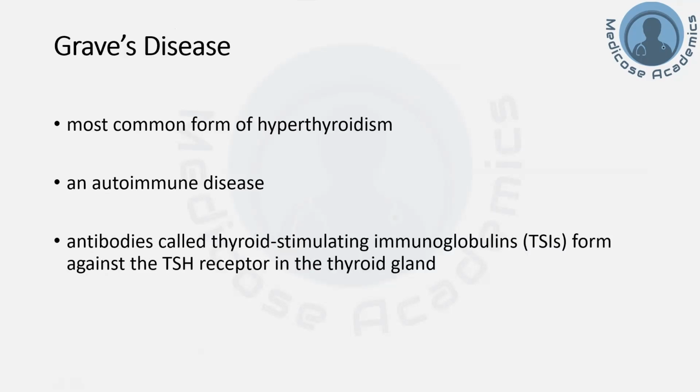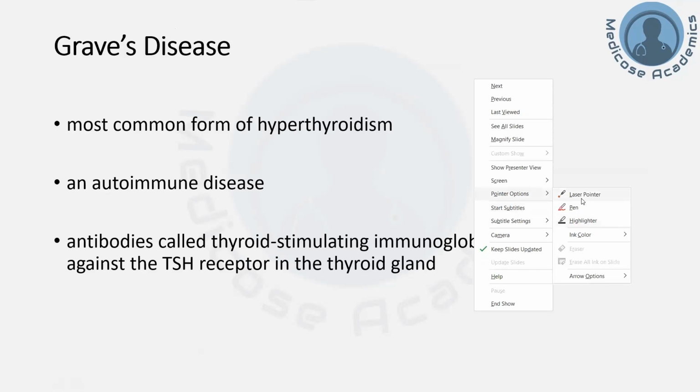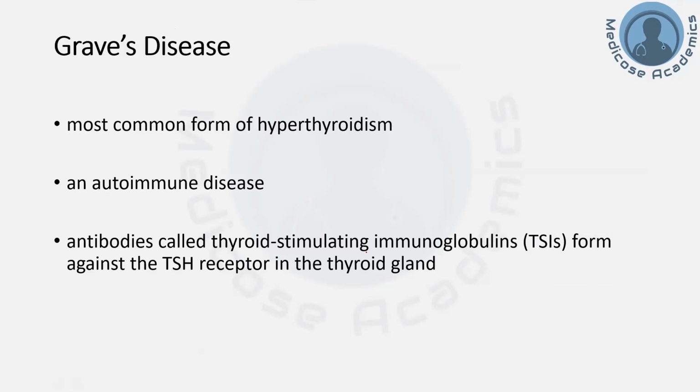It is an autoimmune disease in which antibodies called thyroid stimulating immunoglobulins are formed, and these antibodies act against the TSH receptor in the thyroid gland.